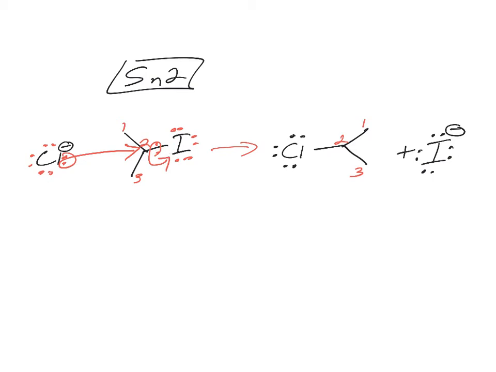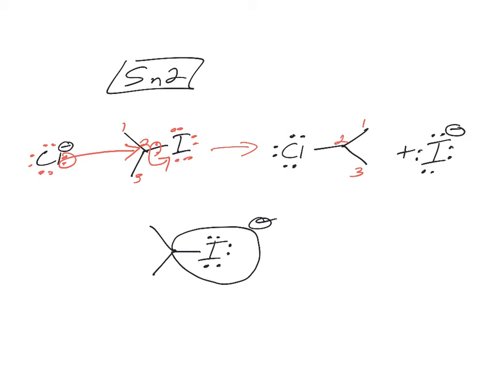That is because it's highlighting where the sigma star is at for that carbon iodine bond. If the bonding orbital looks like this, this is the sigma bond, where most electron density is around the iodine because it's more electronegative.